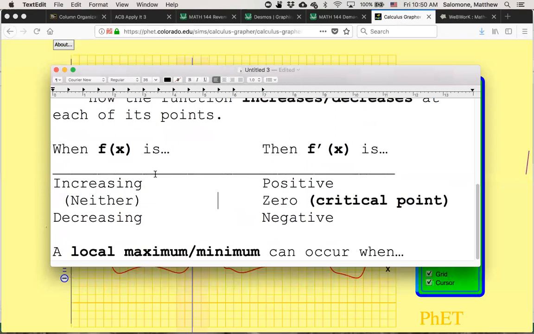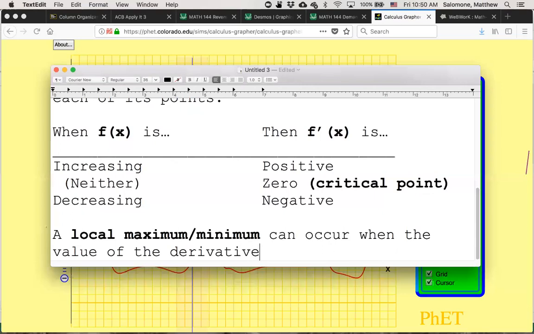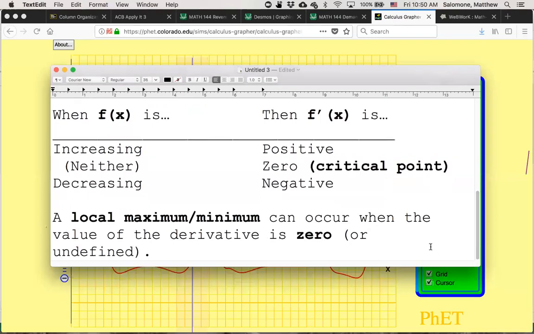So here we have this nice sort of classification. It tells me that the sign of a derivative, whether it's positive, negative, or 0, tells me whether or not that function itself is increasing, decreasing, or neither. And a local maximum or a local minimum can occur only when the value of the derivative is 0 or undefined at that point.